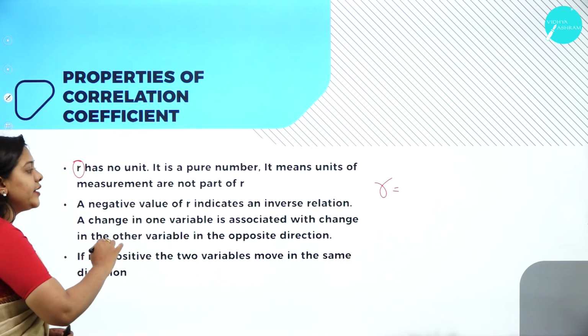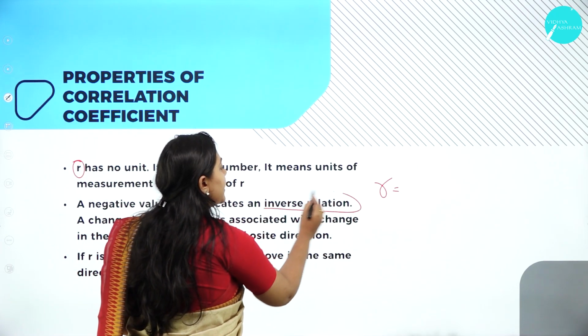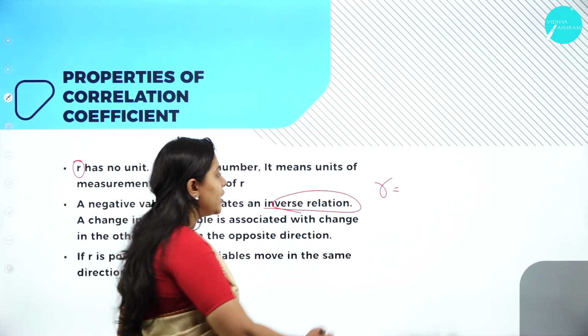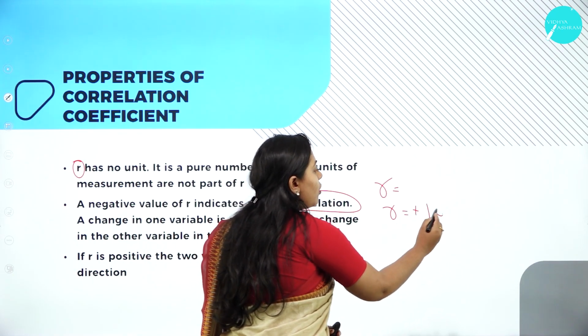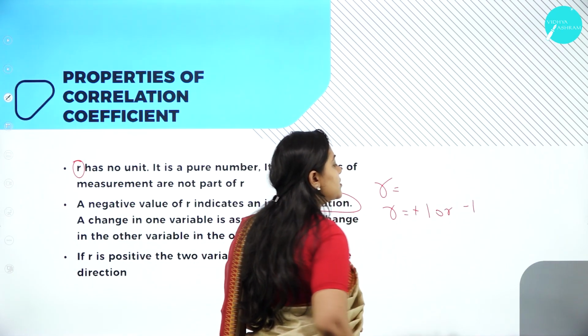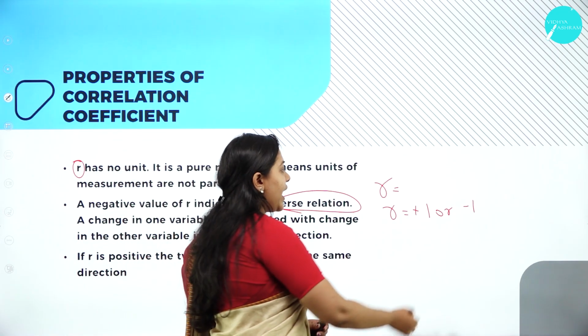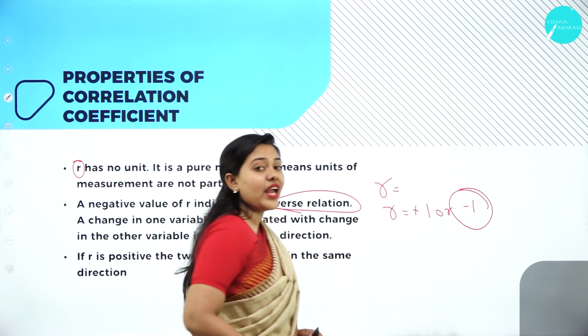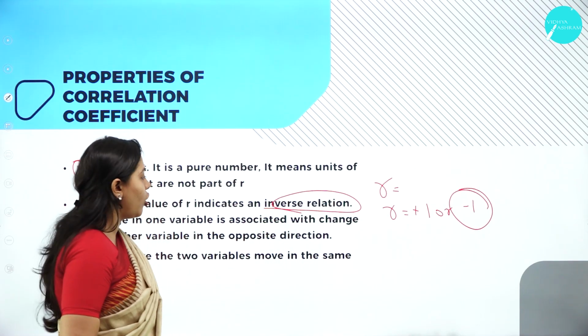Next, a negative value of R indicates an inverse relationship. R ranges between +1 and -1. If we have -1, it shows negative correlation.